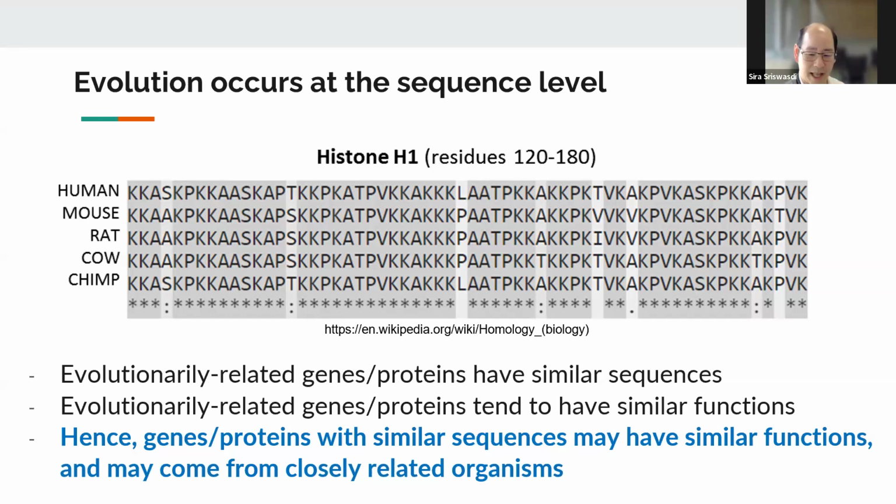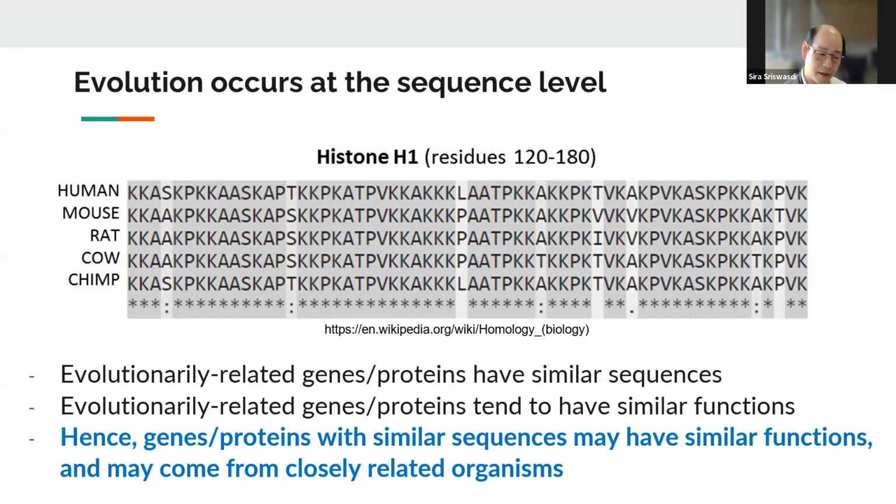So we can assume that if we find genes like this, they might have the same function, because in the beginning, they had the same function. And after a certain evolutionary period, it's more likely that they retain the same function than that they adopt different abilities. So if we see similarity in sequence, we can infer similarity in function.